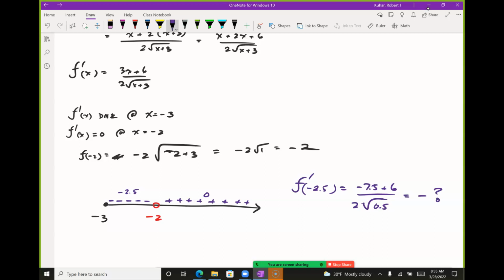But I can just look at the graph here and know my original function is decreasing, so my derivative better be negative. I could draw tangent lines on it if I was confused. And certainly f prime of 0 is 6 over 2 square roots of 3. So positive, right? All I care about is the sign, S-I-G-N.